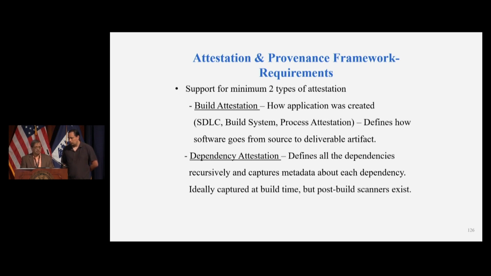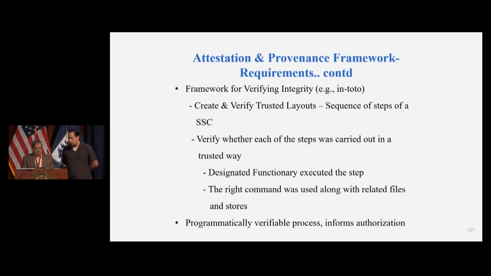So all that information is needed in the dependency attestation. So this is an overview of all the requirements that are needed for getting the desirable properties. And then we know that there are frameworks like in-toto that actually provide a signed layout of what all the steps are that are going to be involved in the software supply chain for that particular context or the domain that we are talking about.